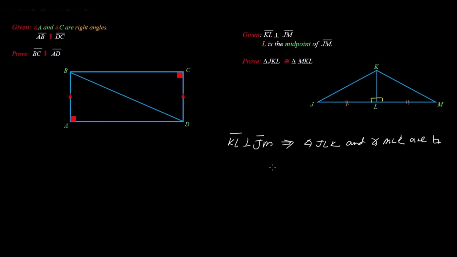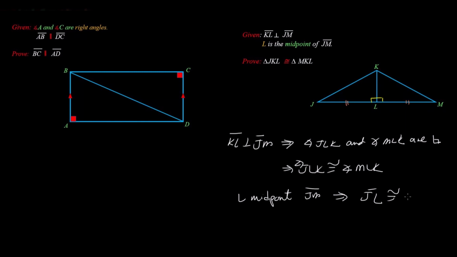Because they're right angles, we can say angle JLK is congruent to angle MLK. First, you have to say that they're right angles, and then you can say that they are congruent. And then from L being the midpoint of segment JM, you get JL is congruent to ML by definition of midpoint.